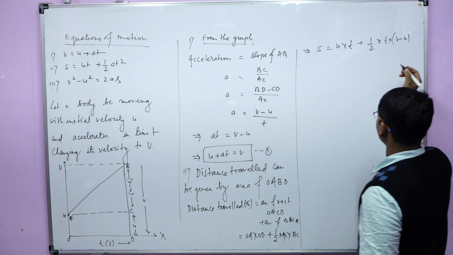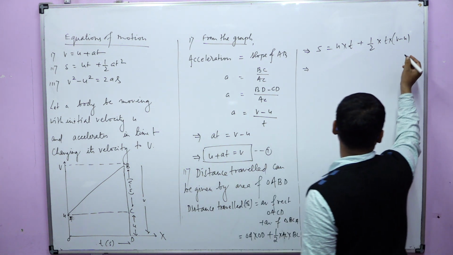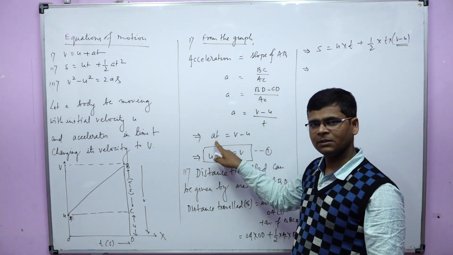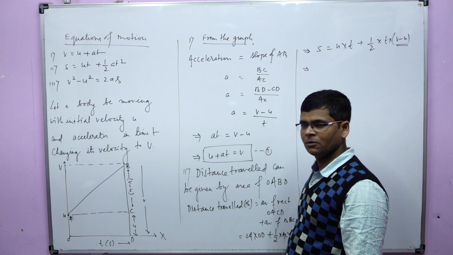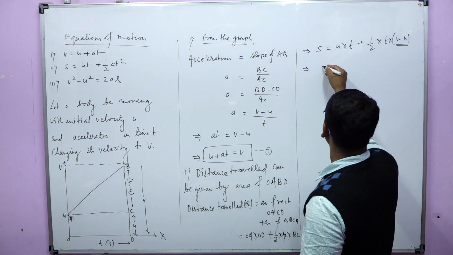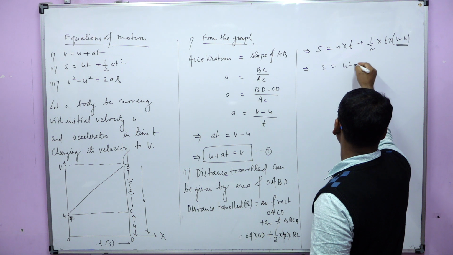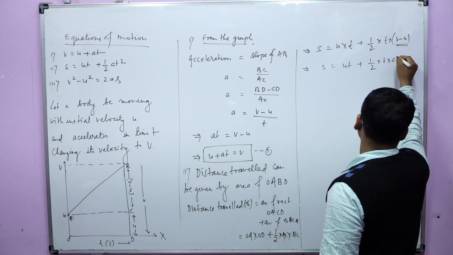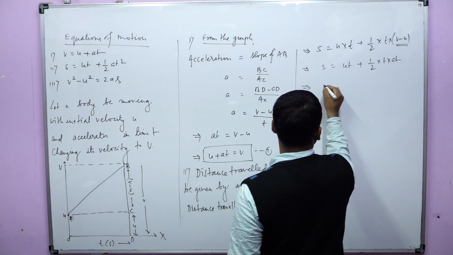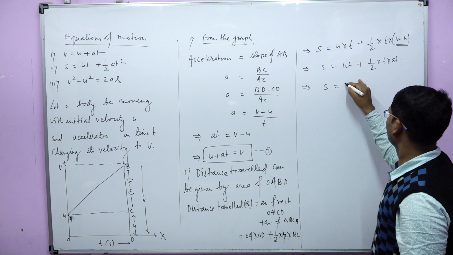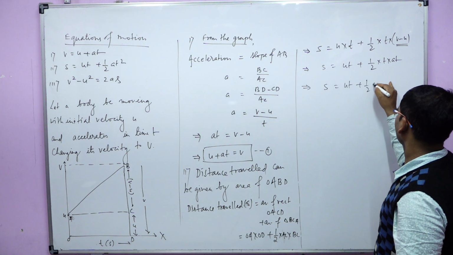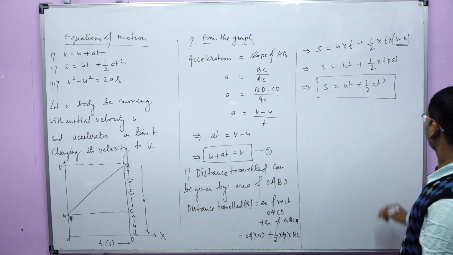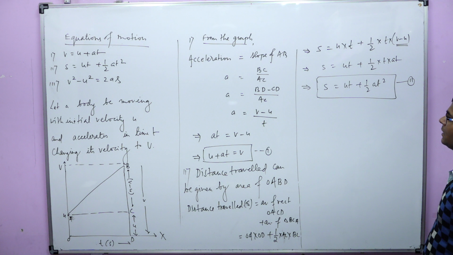Further, you can change this portion from equation 1: v minus u is equal to at. So here we put s is equal to ut plus half into t into at. So finally we get s is equal to ut plus half at square. This is the second equation we have derived.